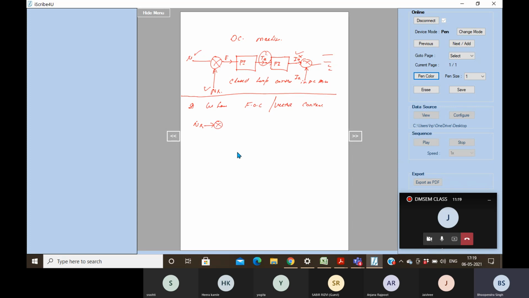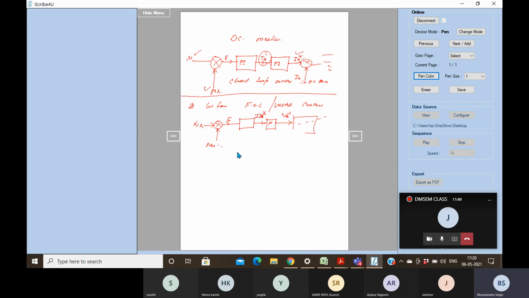Reference speed was compared with actual speed, and the speed error generated was given to some PI controller. It generated the IQ star command, isn't it? IQ star was again given to some PI controller, which generated VQ star. And then you obtain further ABC to DQ, right?